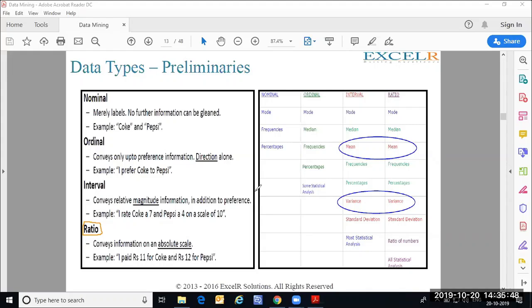The ratio brings the absoluteness towards the measurement. These measures are going to be on the globally accepted scales.